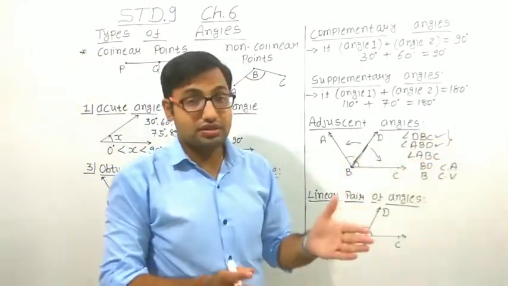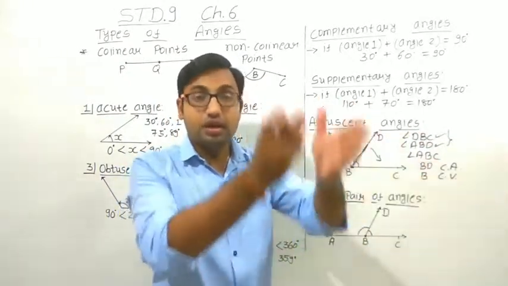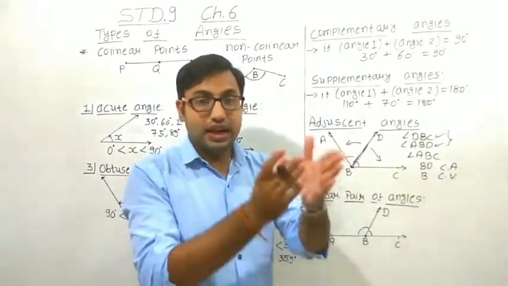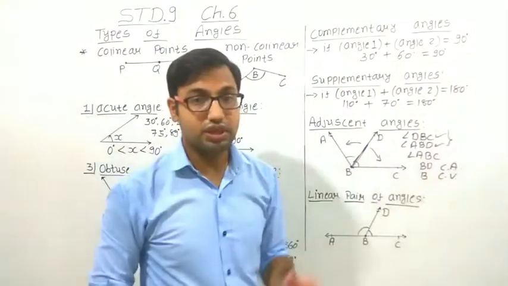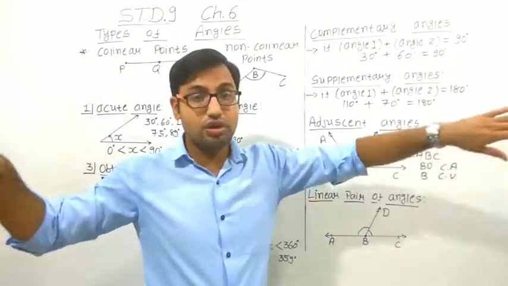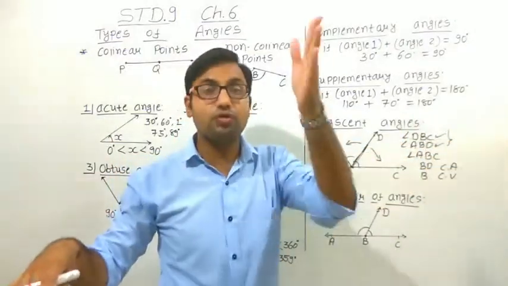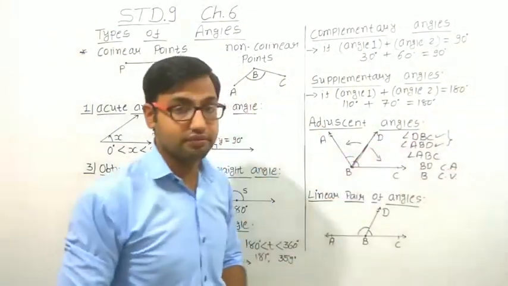If you have two classrooms in your school, both the classrooms have one common wall, that is the common arm, and both have the same origin, the common vertex, and the other walls are totally opposite to that common wall. You can compare it with this and understand the concept.